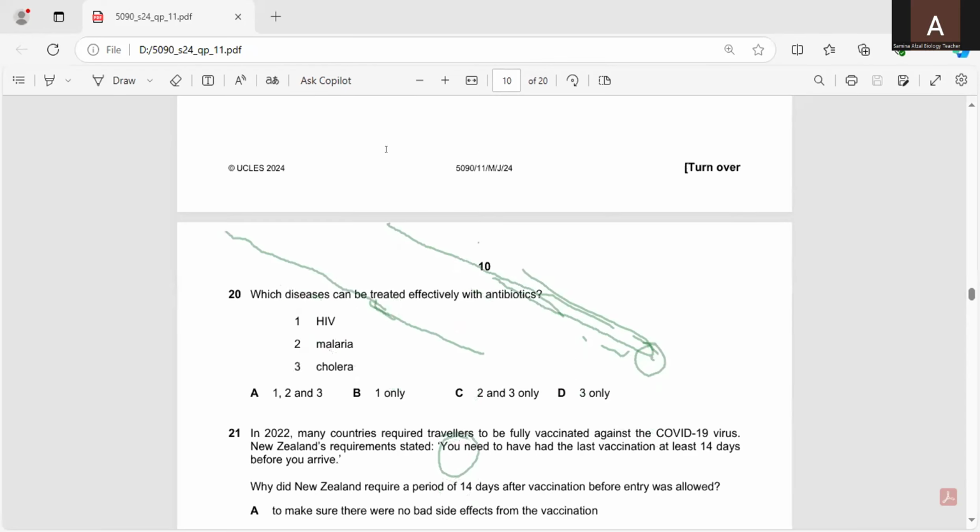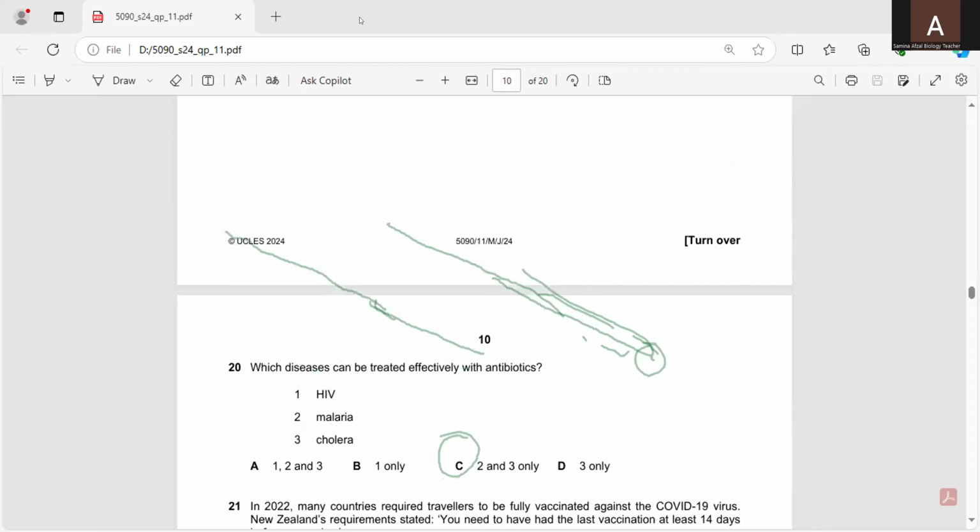Question number 20. Which disease can be treated effectively with antibiotics? The diseases are HIV, human immunodeficiency virus, malaria, and cholera.